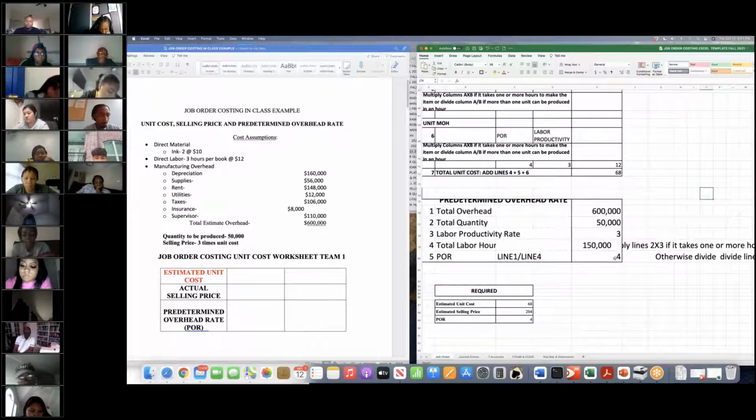Third thing is labor productivity. As Taiwo indicated, in this case, it's 3 hours per book. So we multiply to get this 150. Then we divide 600 by 150 to get 4, the POR. We bring that 4 right here, multiplied by the productivity to get the unit overhead cost. Does everybody see that now?